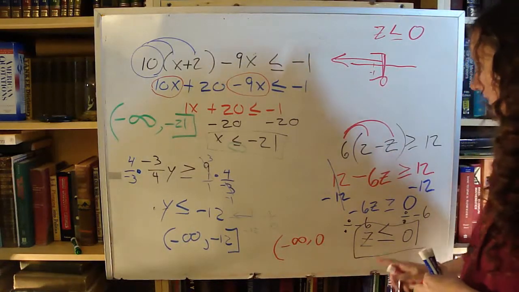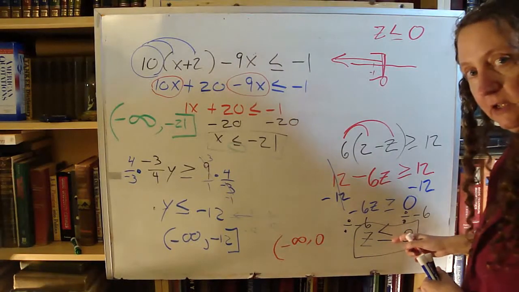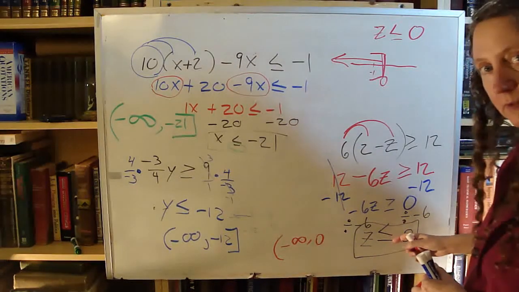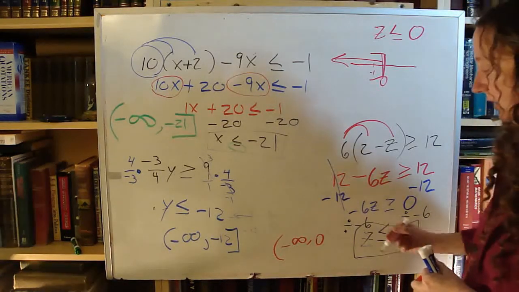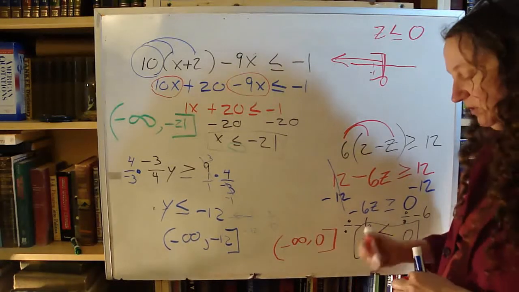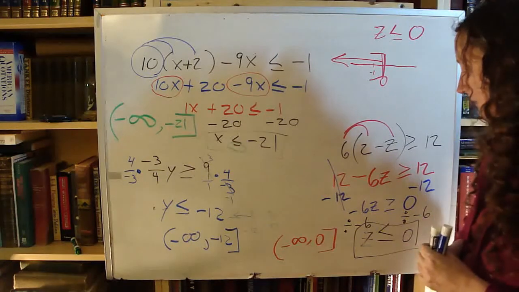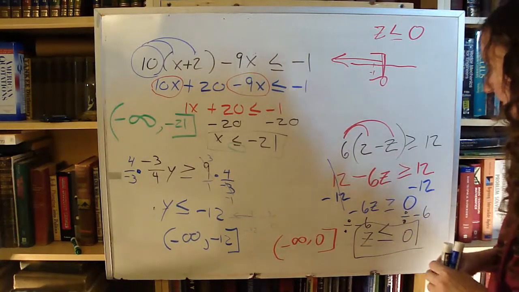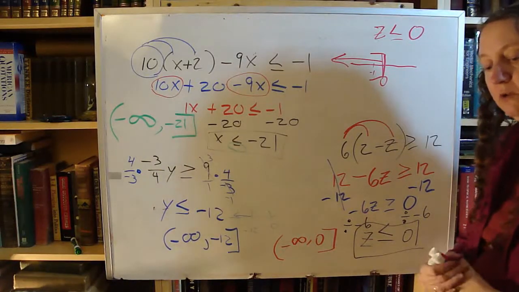The 0, though, I have to go back and look. It does have the equal part on it. It is less than or equal to. So because it has the equal to sign on it, it gets the square bracket. I now have my answer in interval notation.